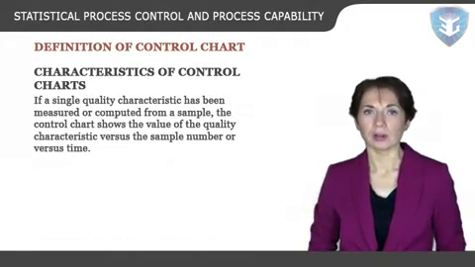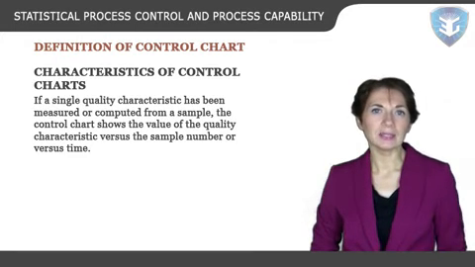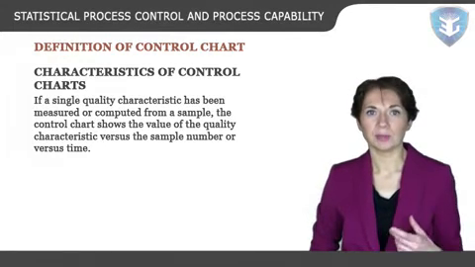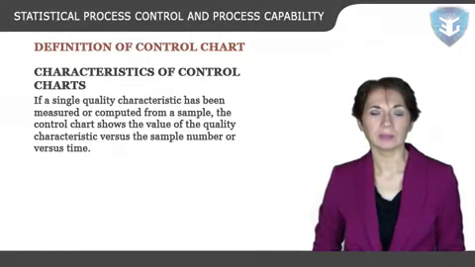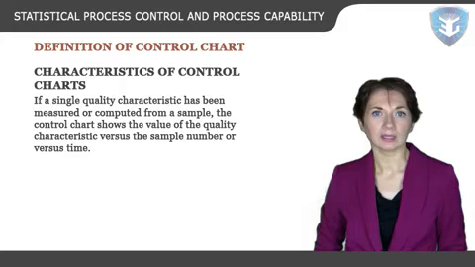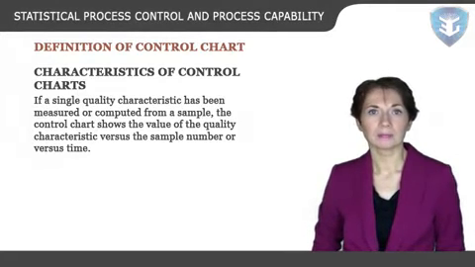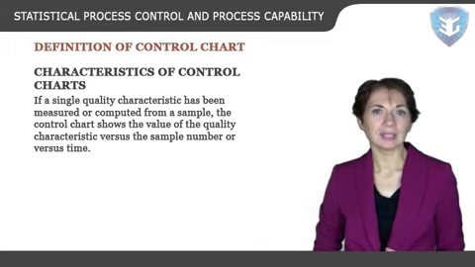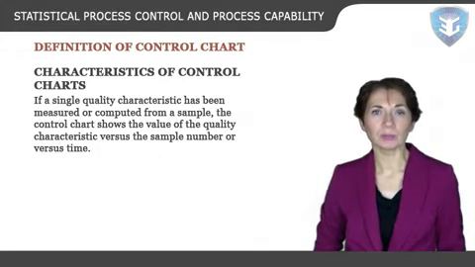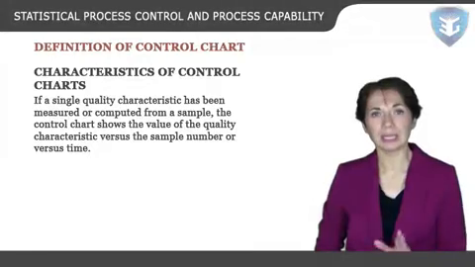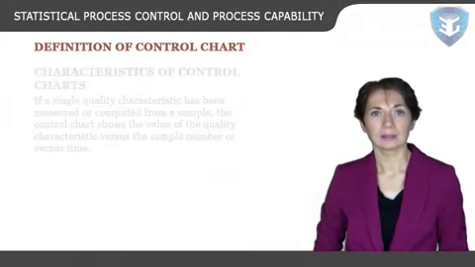Characteristics of control charts. If a single quality characteristic has been measured or computed from a sample, the control chart shows the value of the quality characteristic versus the sample number or versus time. In general, the chart contains a center line that represents the mean value for the in-control process.